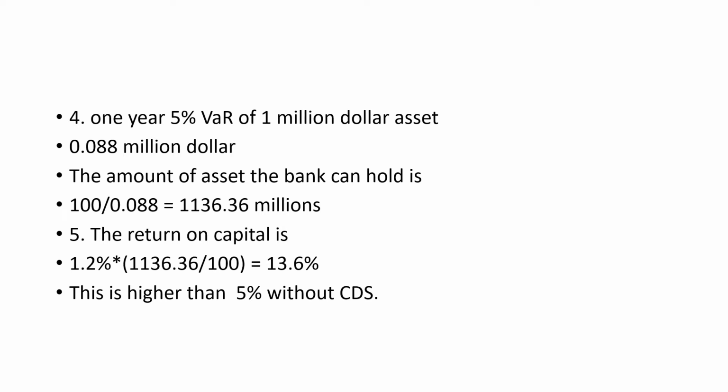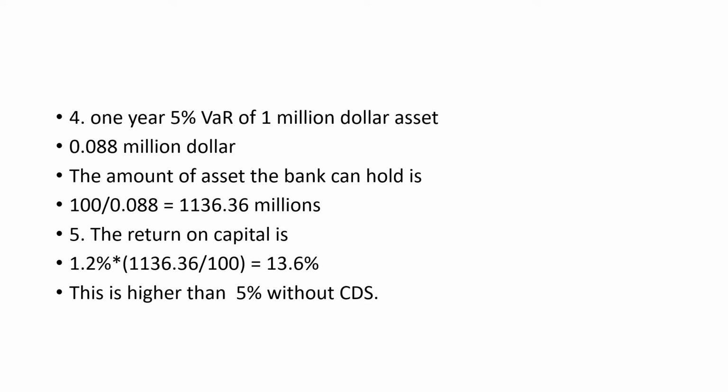The amount of asset the bank can hold is 100 divided by 0.088, which is equal to $1,136 million. The return on capital is return on asset times leverage. This is equal to 1.2% times 1136 divided by 100.